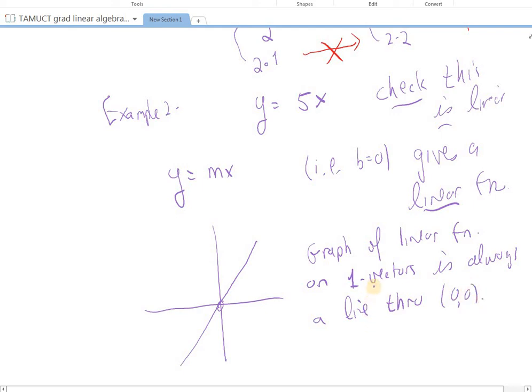All right. So that gives you an idea of the relationship between linear and lines. Not all lines represent linear functions, but lines through the origin represent linear functions.